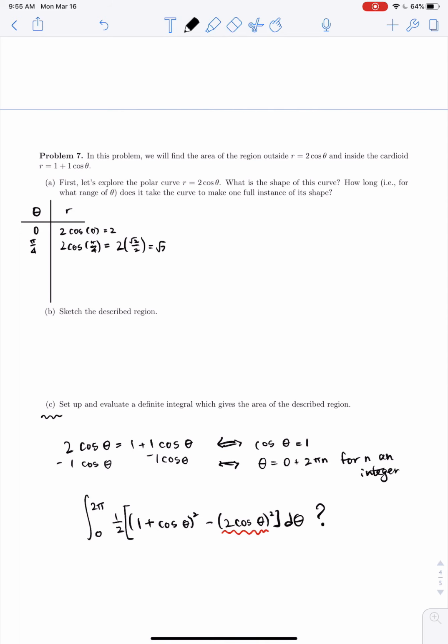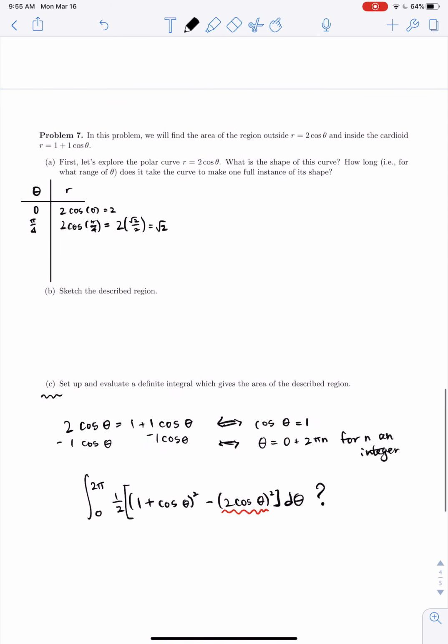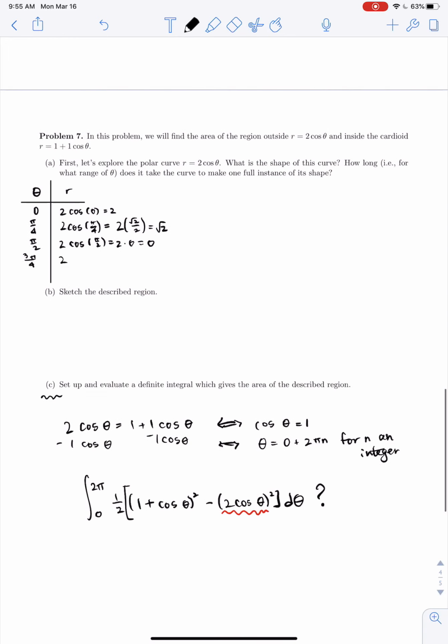So we'll get a root 2. Pi over 2, cosine of pi over 2 is 0. Let's look at 3 pi over 4. So we'll have 2 cosine of 3 pi over 4. Well, that's just a reflection across the y-axis, so we get a negative root 2.